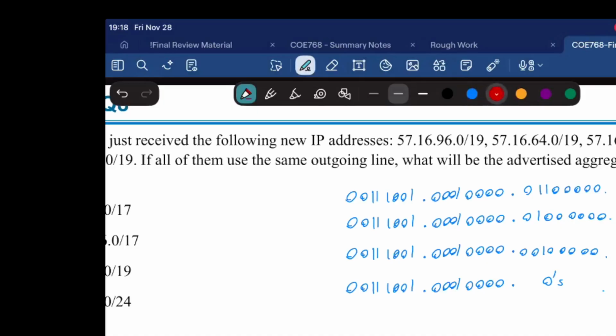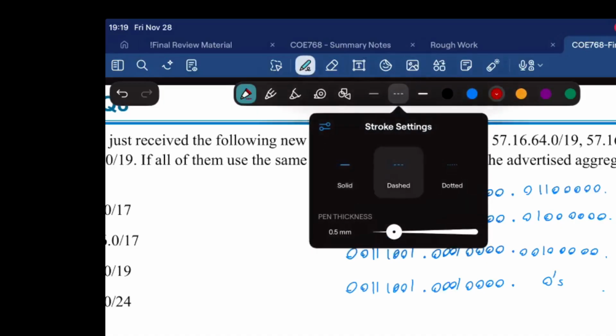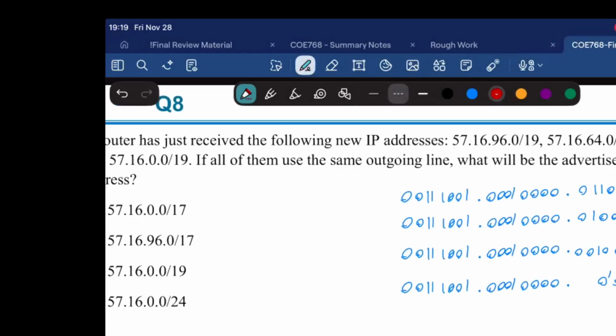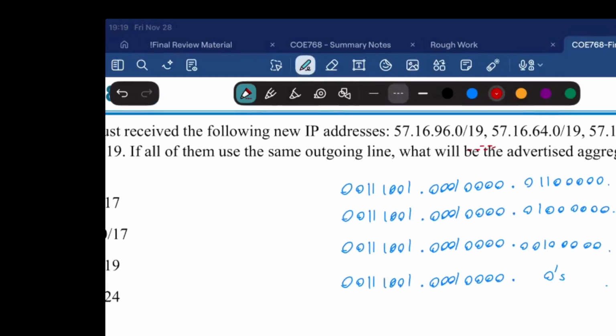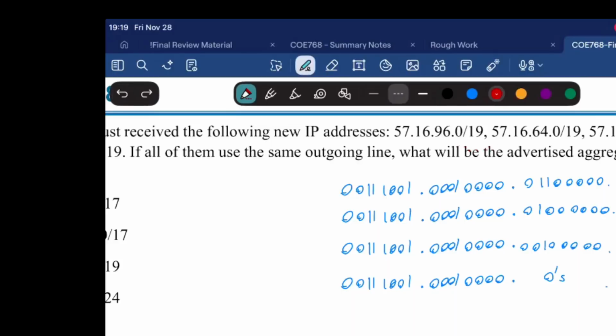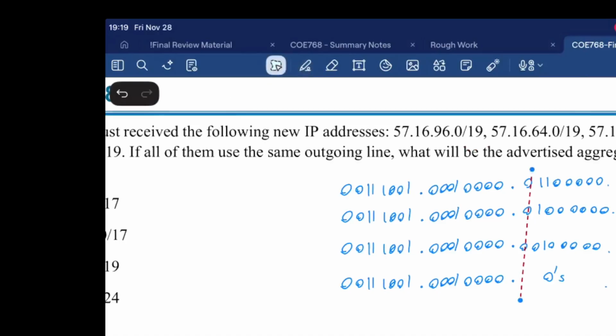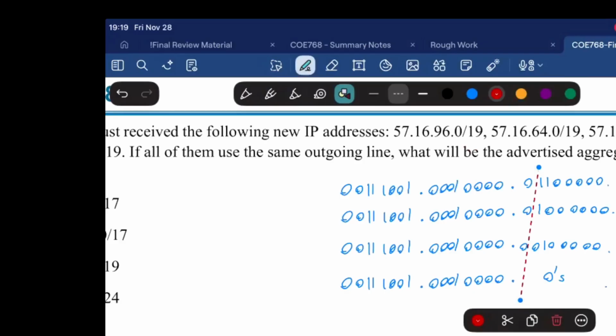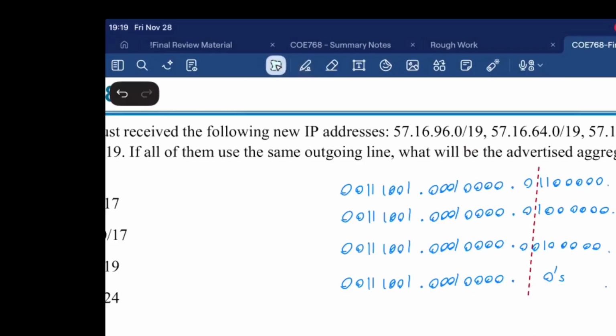So to see what the subnets are for each, we would take 19. 19 is what's assigned to all of these, and therefore we have this link that's here. So we have 8, 8, and 1.